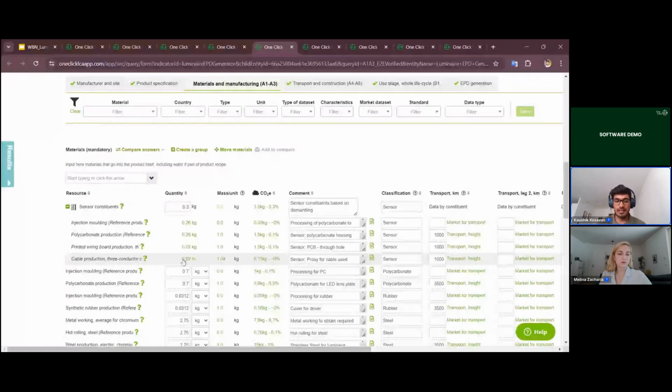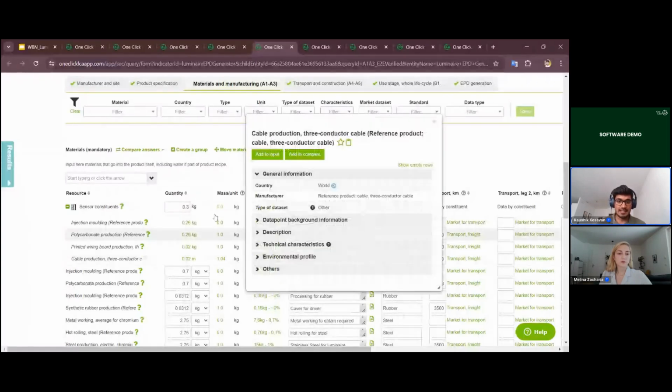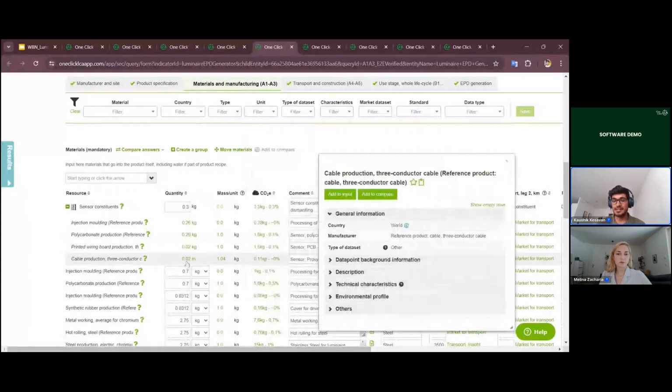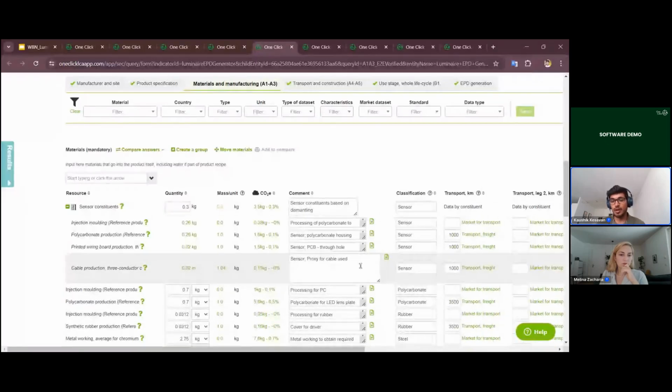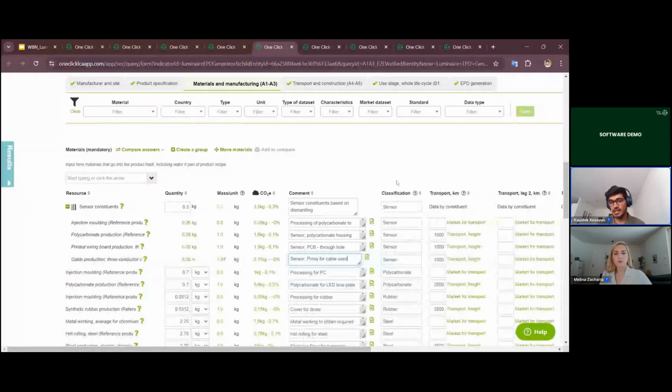But for certain materials like the cable here, its unit is in meters. So it's important then to understand how we obtain 0.02 meters. If I didn't measure it, it's going to be hard. And here we need the weight of 1 meter of cable as well. So you can add more information here if you require, and it also helps the verification process since it's all in one place.